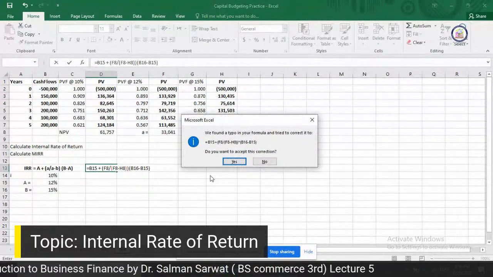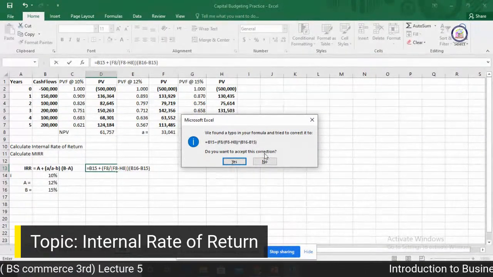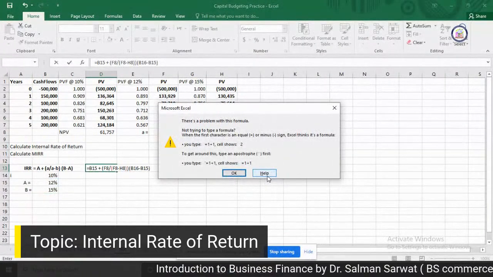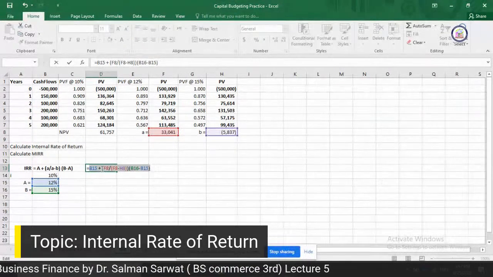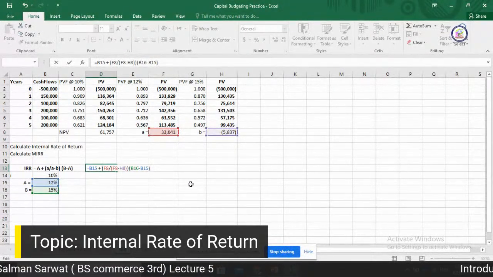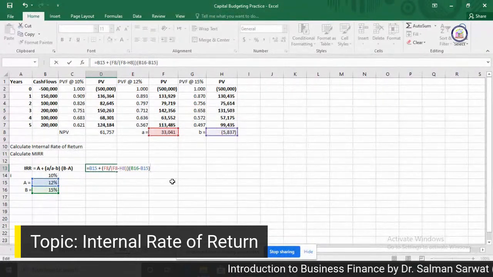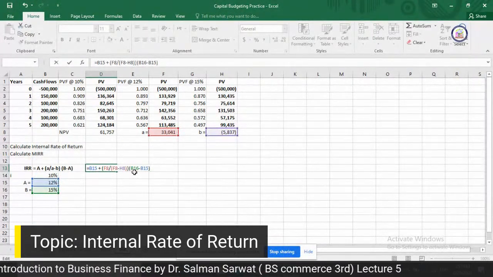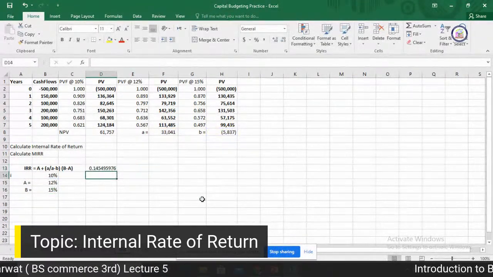There is a correction needed. I think there is a multiplication sign needed.